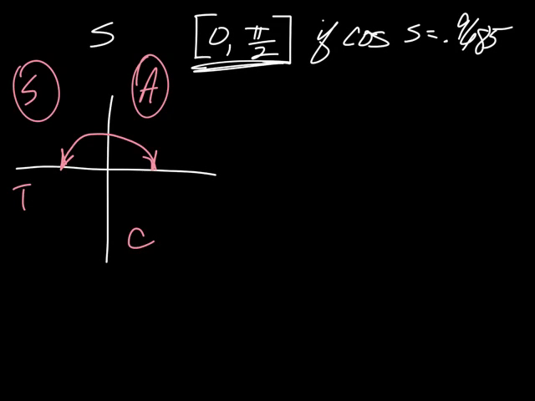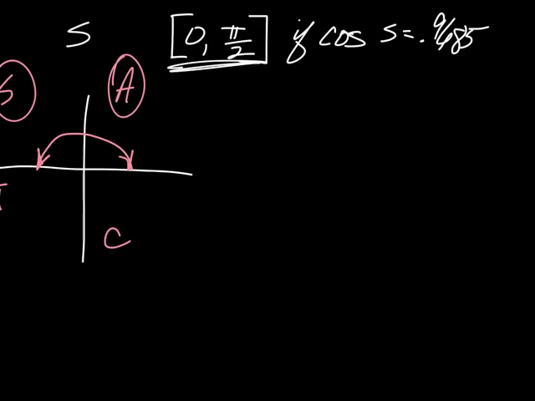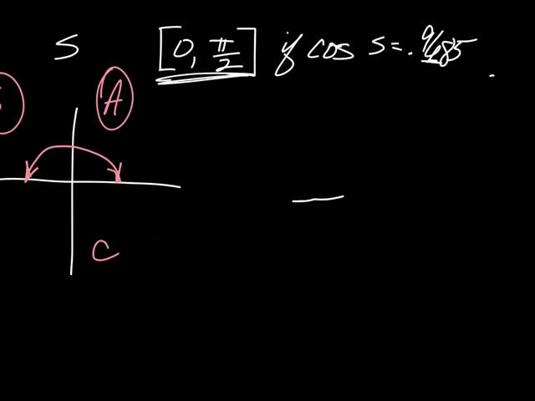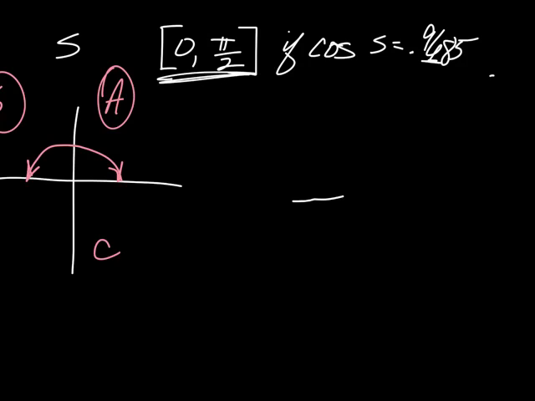So what are we looking for? We're looking for the value of s. We're looking for the length of the arc. Alright, so in order to do this properly, we're looking for s where the cosine of s is 0.9685.